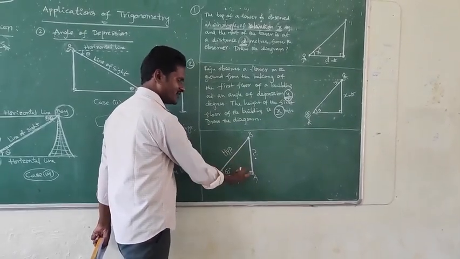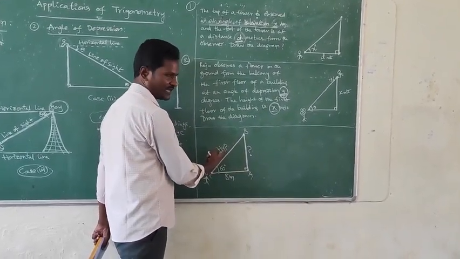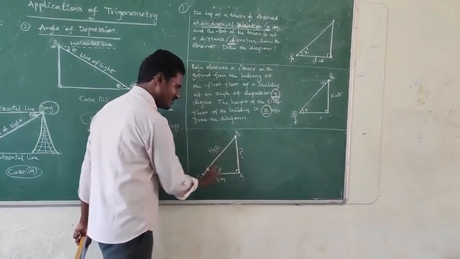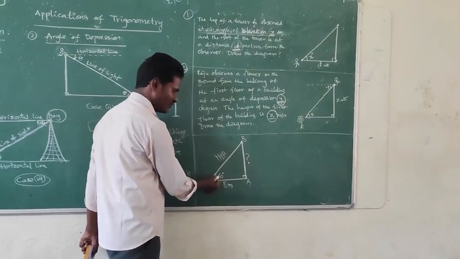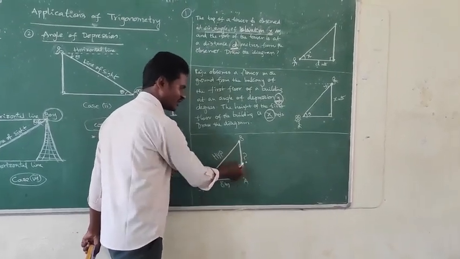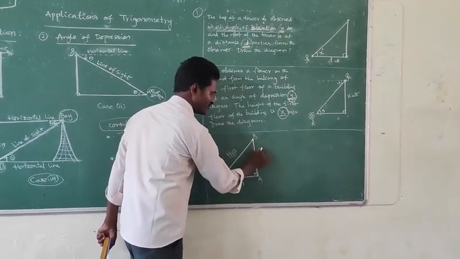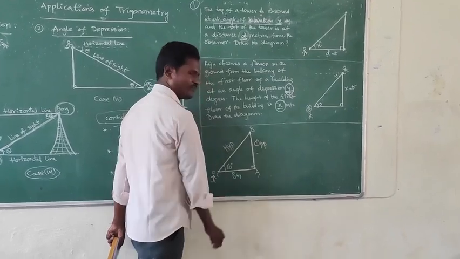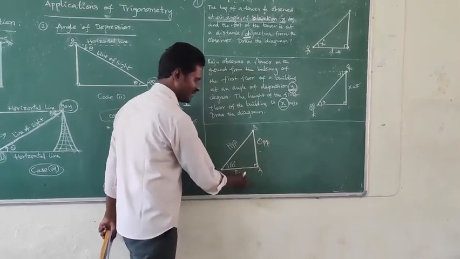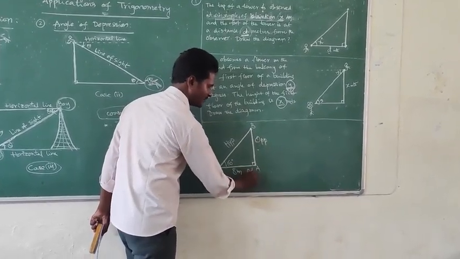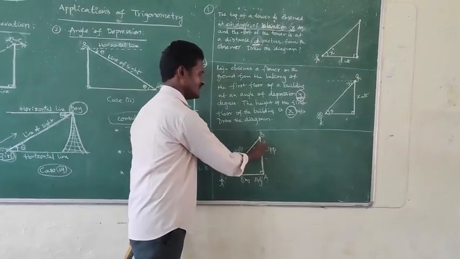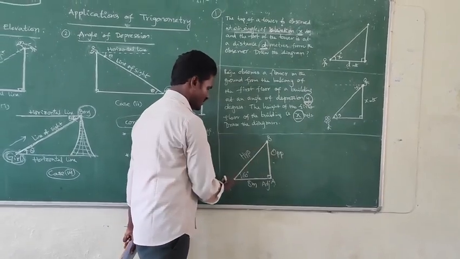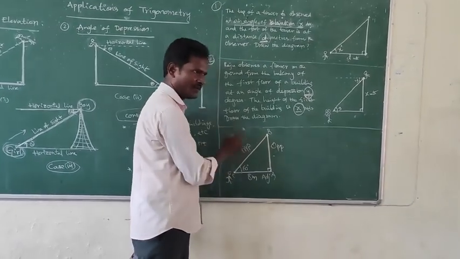The side opposite to the right angle is the hypotenuse, and the side opposite to the acute angle, the angle at C, is the opposite side. The remaining side is automatically the adjacent side. So AC is the adjacent side, AB is the opposite side, and CB or BC is the hypotenuse.